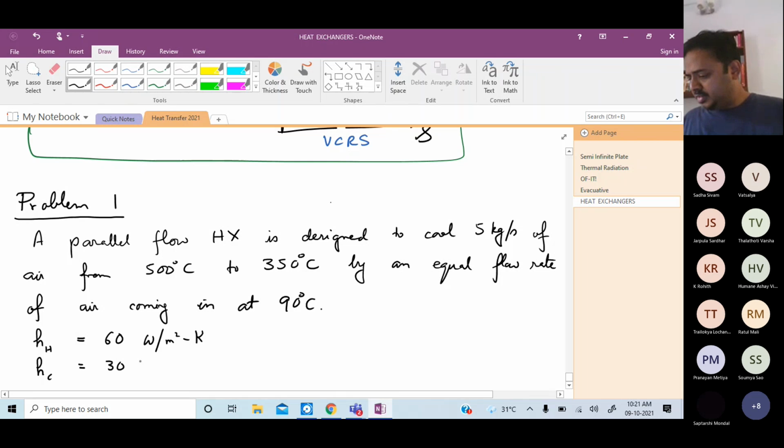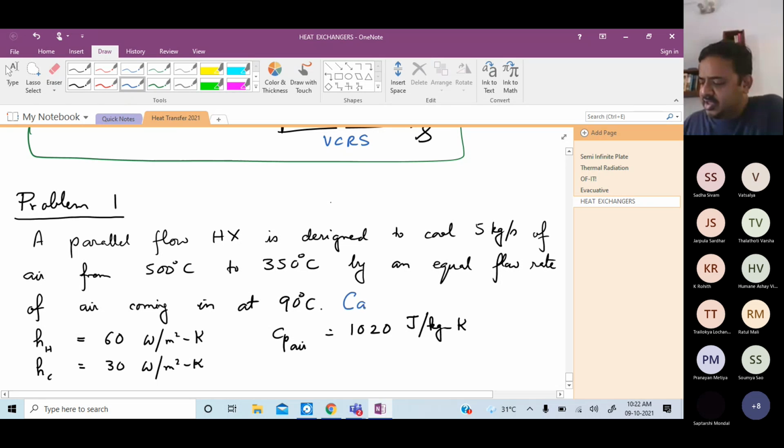And the Cp of air is 1020 joules per kg Kelvin. What we have to do is find the size, or the area, of the heat exchanger.